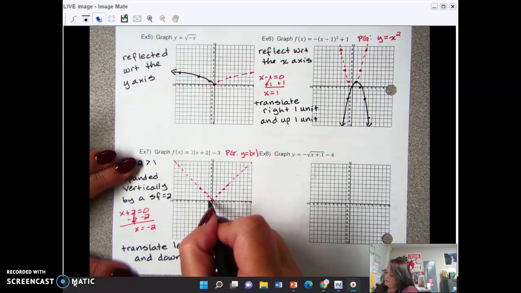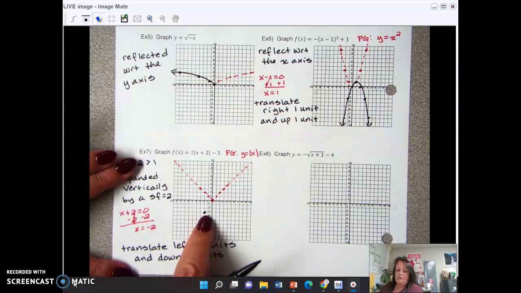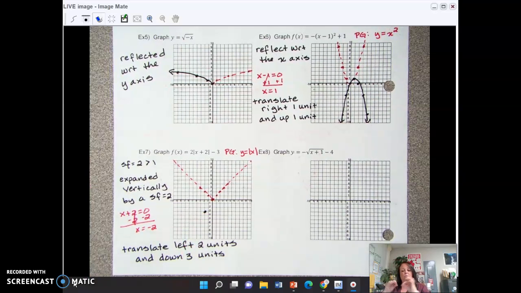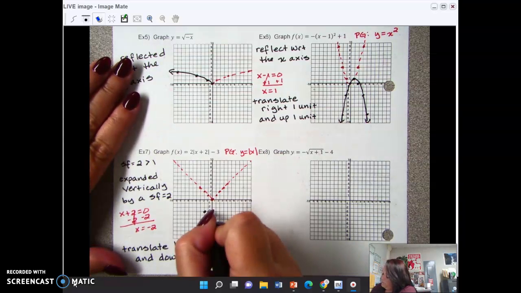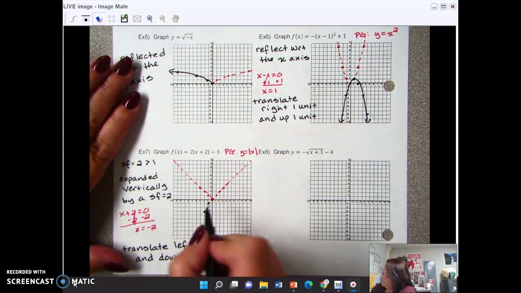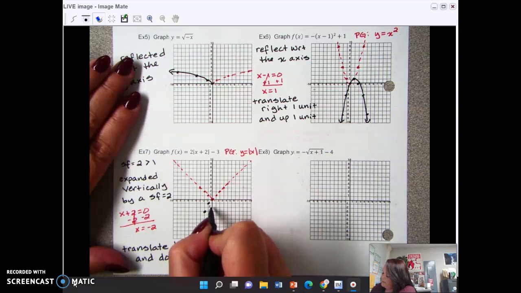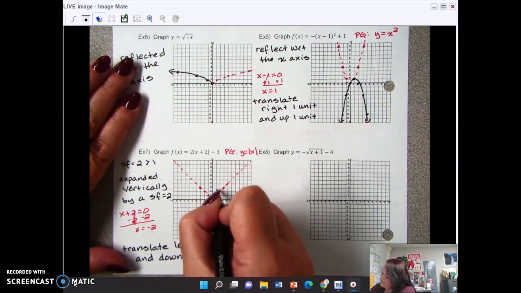Okay, so to the left 2 and down 3 is going to mean we're going to start here, and then when we move from that vertex, we're going to go up twice as fast. So to the right 1 would have been up 1, now we're going to be up 2. To the right 2 would have been up 2, but now it's going to be up 4. To the right 3 would have been up 3, but now it's going to be up 6.